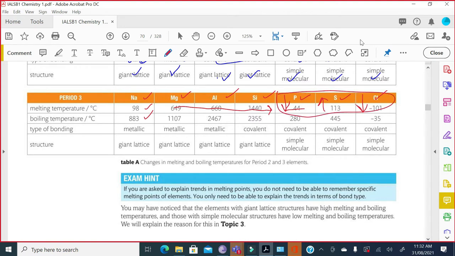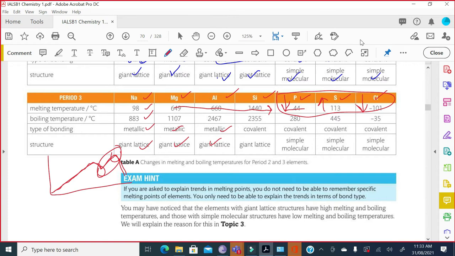If I'm trying to show a graph, there will be a rise on the graph for this melting point, rise till 1400, then there will be a fall, then a rise, and then a fall. So you'll be facing a graph like this, and the examiner will ask you why there's a fall and why there's a rise in it. If you focus on the structure, metallic, giant lattices, we understand that giant lattices have strong forces of attraction.